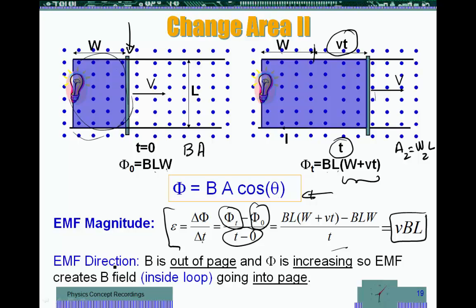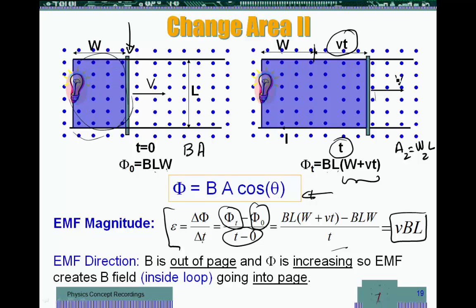Now, what is the direction of the EMF? B is out of the page and phi is increasing. We have earlier determined the direction of the current in this particular case.